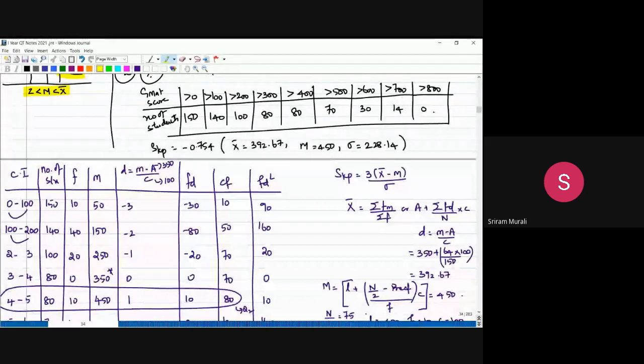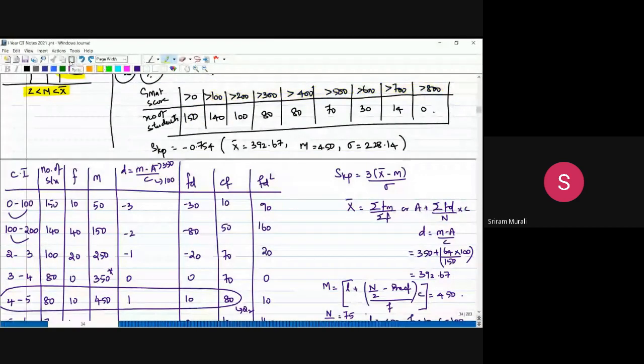So first find the true class intervals: 0 to 100, 100 to 200, 200 to 300, because minimum is 0, maximum can be 100, then minimum is 100, maximum can be 200, like that. The given is not a frequency. This is in descending order, which means more than 0 is 150, so it is inclusive of all, more than 100, more than 200, 300, everything. So I want exclusively how many of them are in the range of 0 to 100, 100 to 200, 200 to 300. This is what I want.